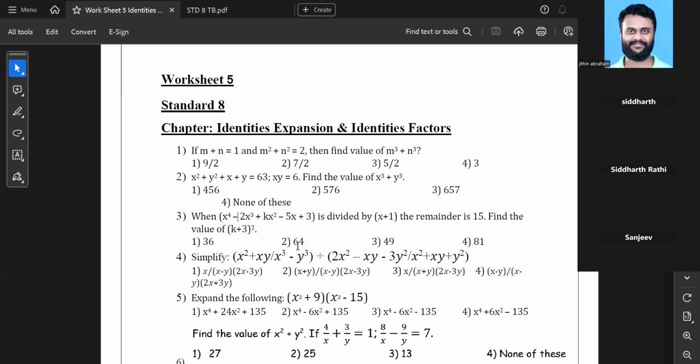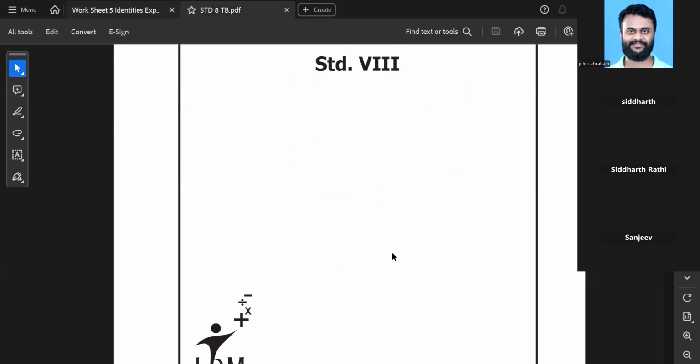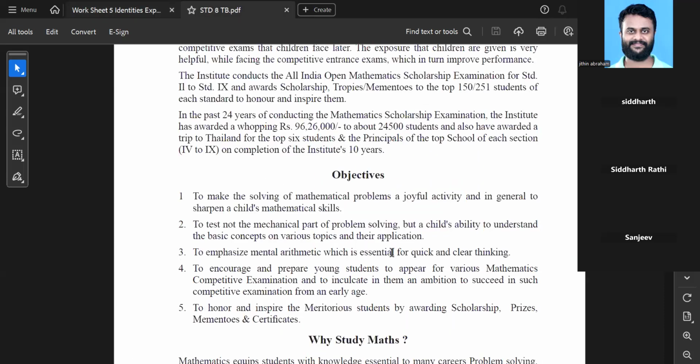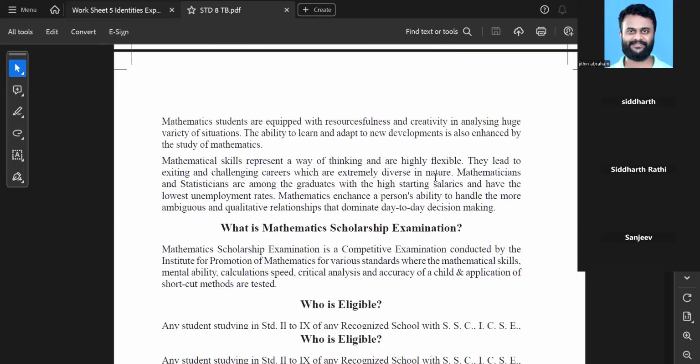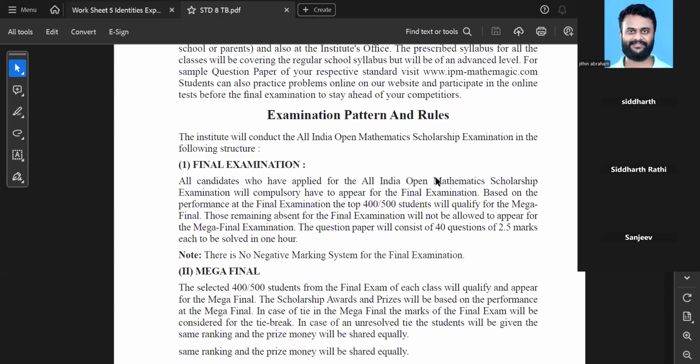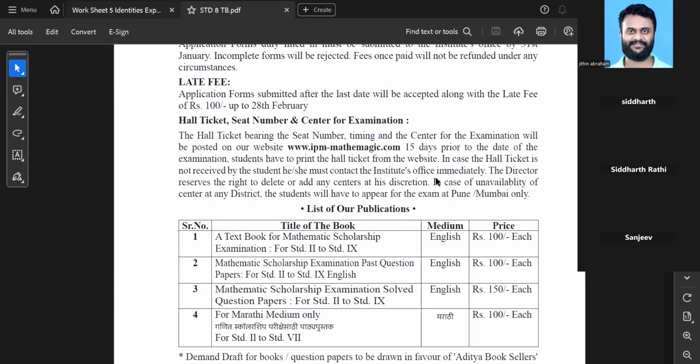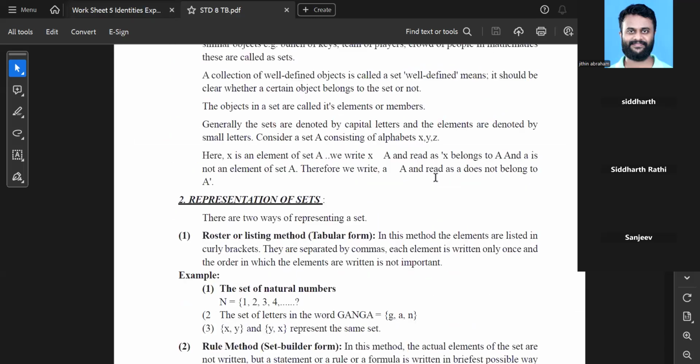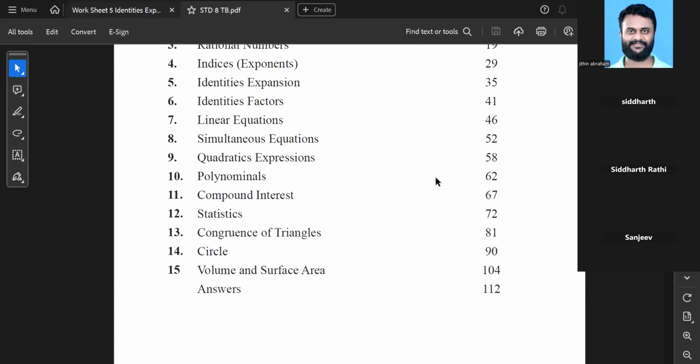So yesterday, in the last class, we were dealing with identities, expansion, identity factor, all these problems.